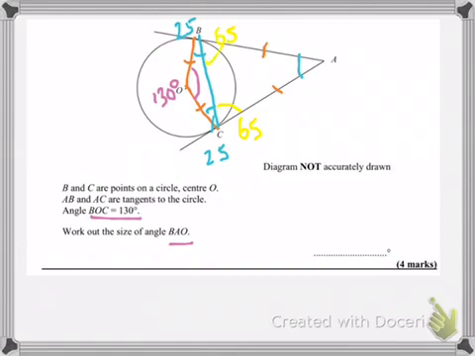And if we add the two 65 degrees together we get 130, and take away from 180 because we've also got a triangle here. And this top angle is 50 degrees. So finally, BAO is just half of that, which is 25 degrees.